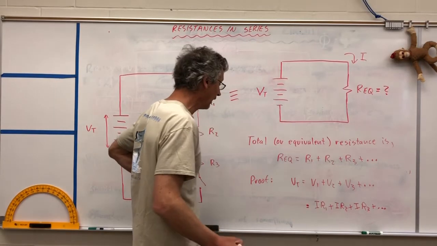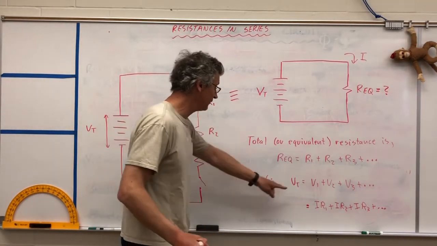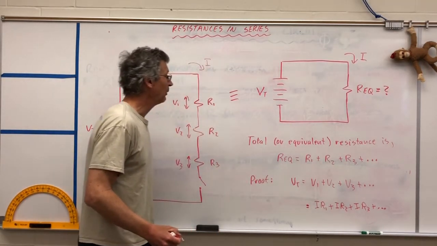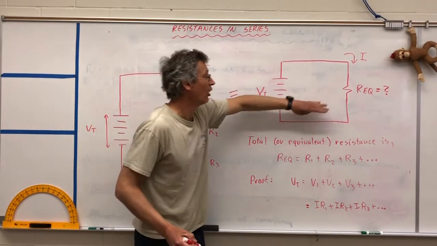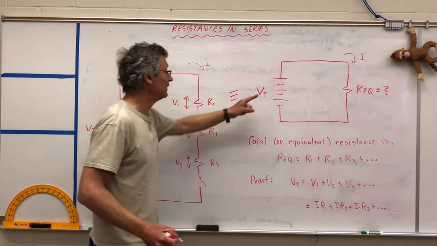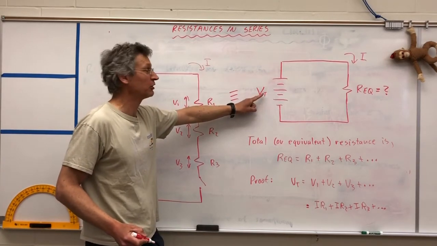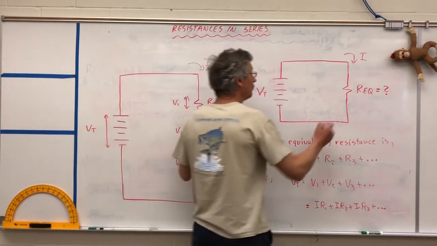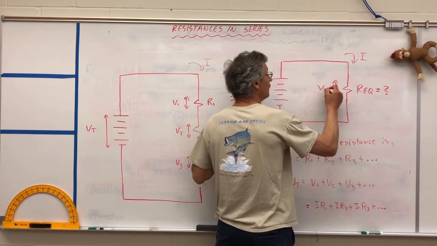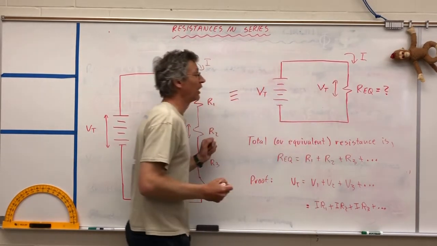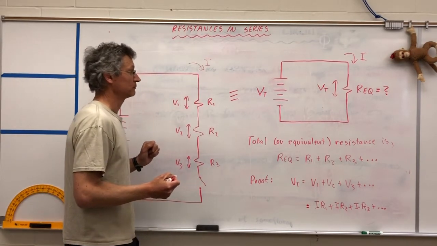How about Vt? What can we do about that? Well, look over here in the circuit where we have our equivalent resistance drawn. Vt is the total potential increase, so that's got to equal the total potential decrease on the other side through the load.